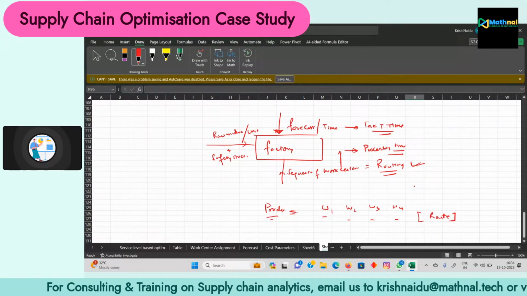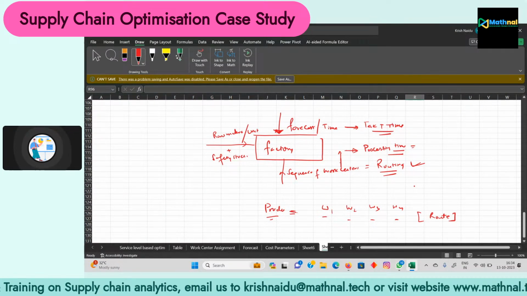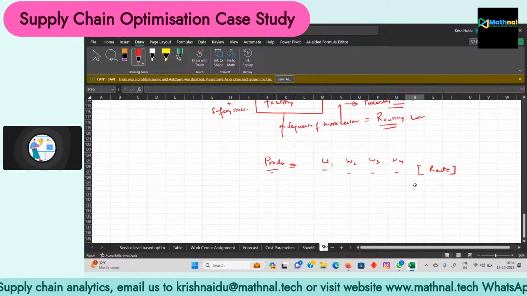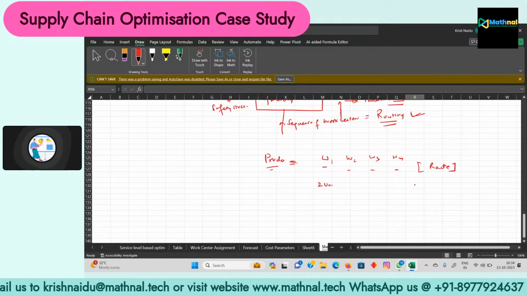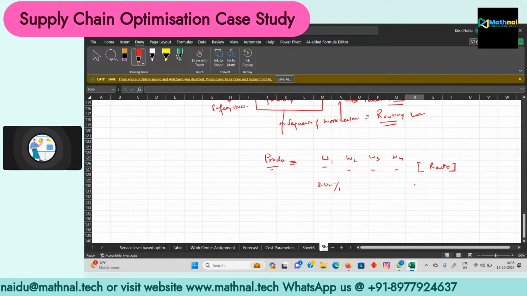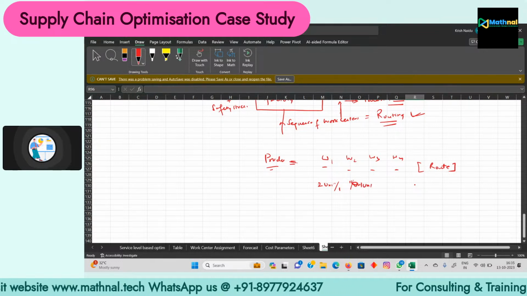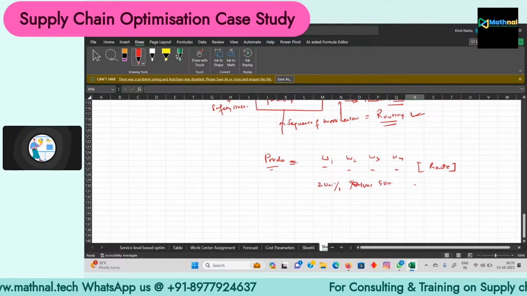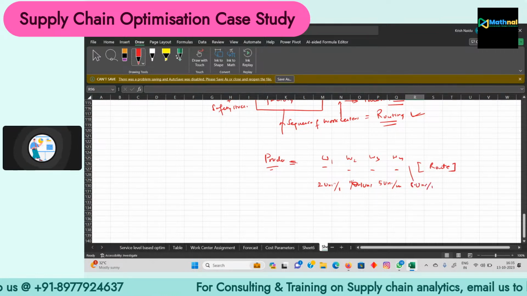So how much time a product will take. Suppose work center one can produce 2 units per minute. Work center two can produce 1 unit per minute. Work center three can produce 5 units per minute, and work center four can produce 8 units per minute.